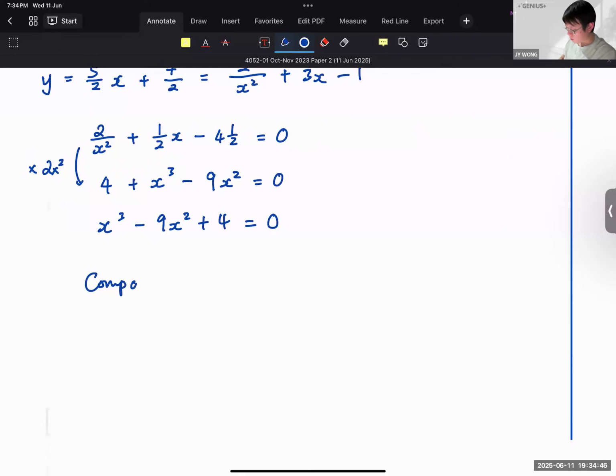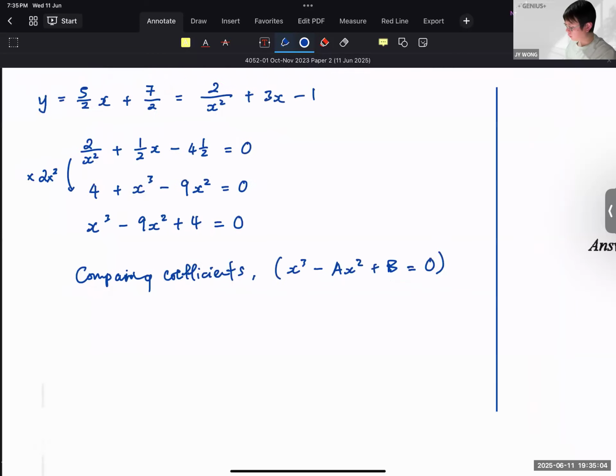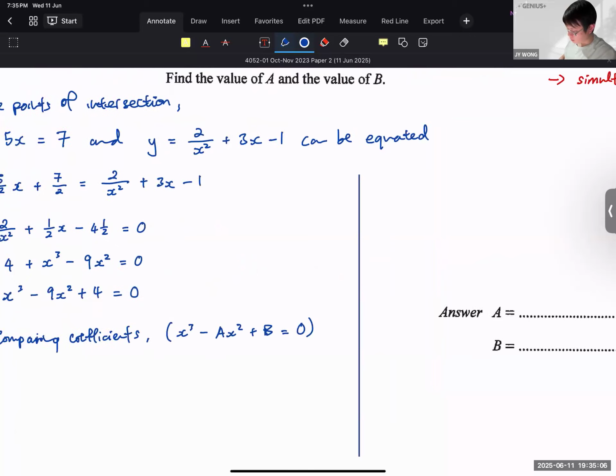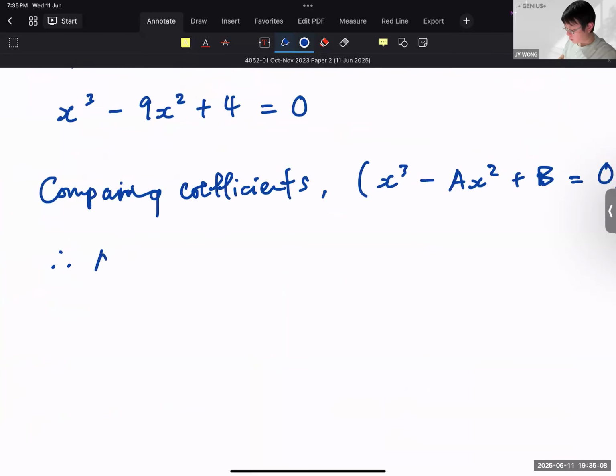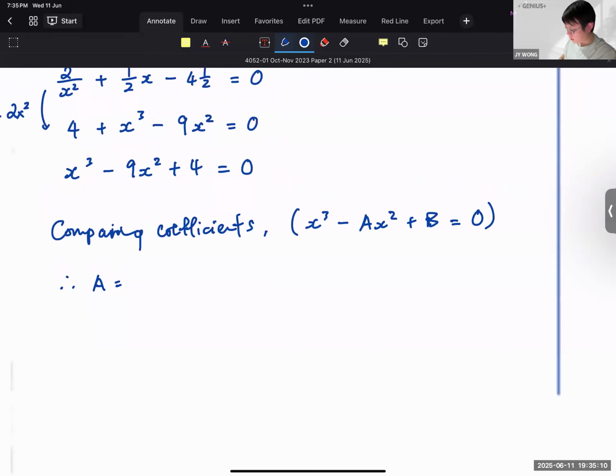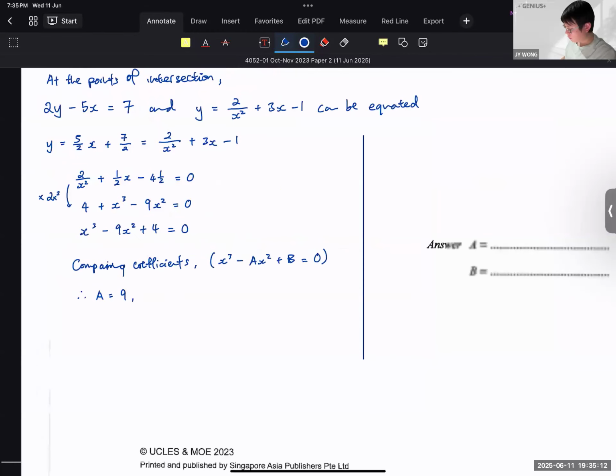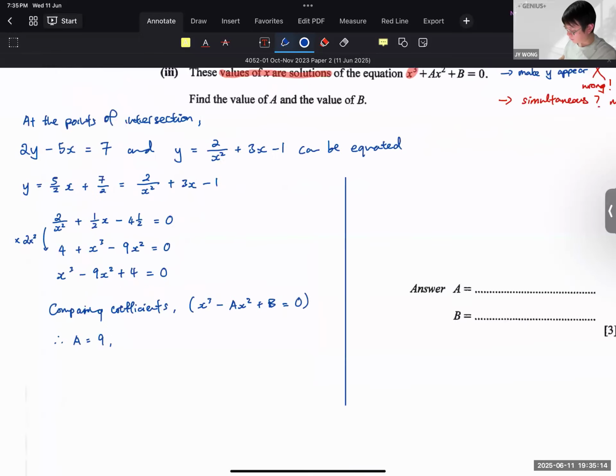Comparing coefficients against what? You have x cubed minus ax squared plus b equals 0. That is what they gave you, right? Therefore, a equals 9. Sorry, it's not minus, it's plus.